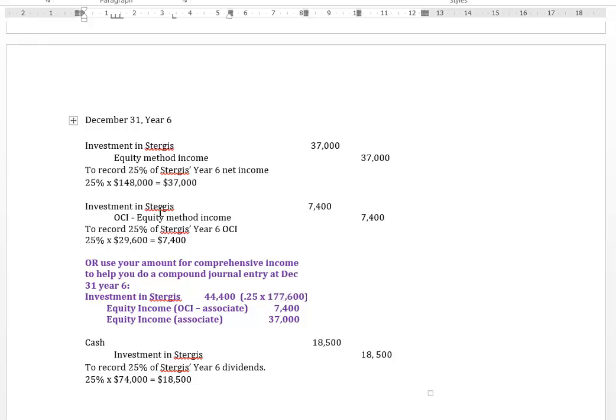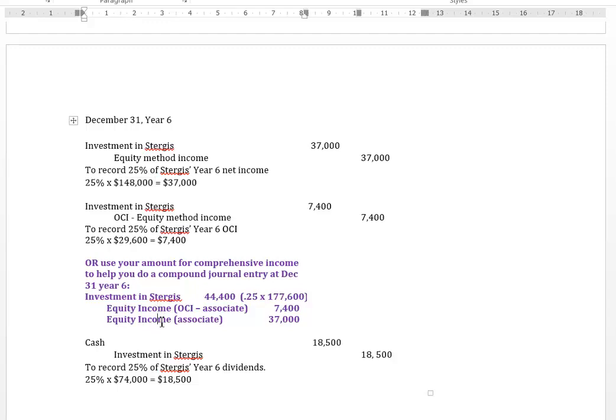Your pro rata share of the $148,000, which was your net income, or your profit, your income before the discontinued operation, which again is this piece here, your $37,000, and your OCI that you took in because of your pro rata share of the OCI that Sturgis booked. Sturgis booked $29,600, so $29,600 plus the $148,000 is going to give you $177,600.